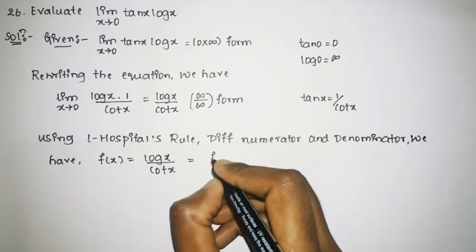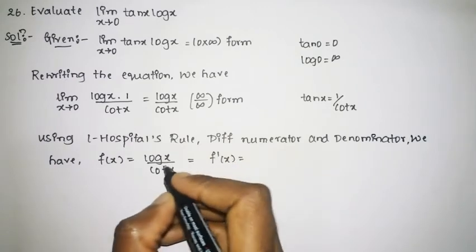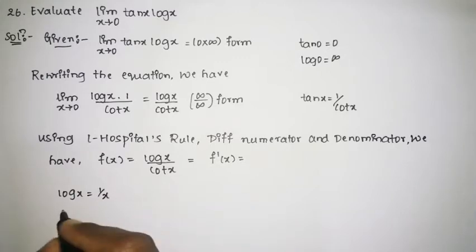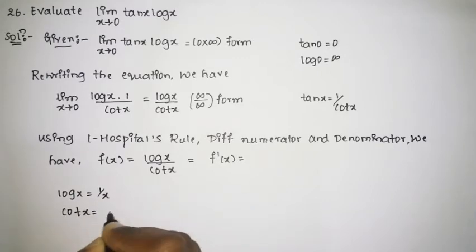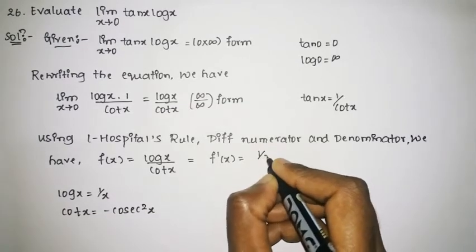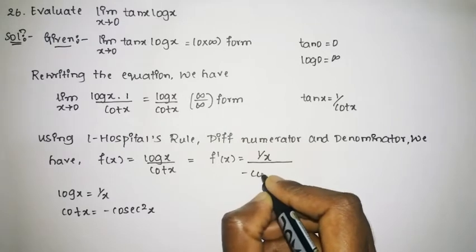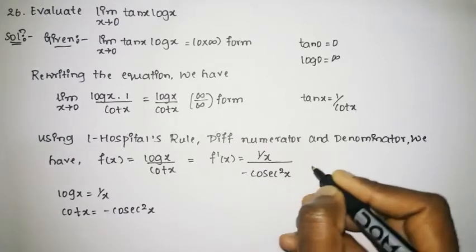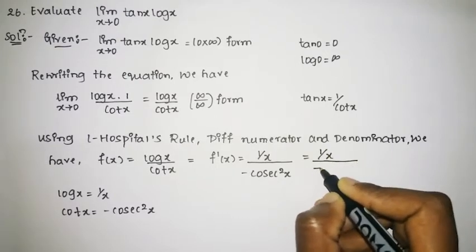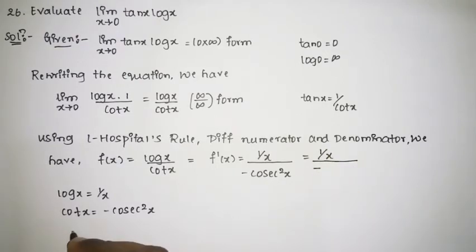So differentiation of f of x is f dash of x equal to, so differentiation of log x is nothing but 1 divided by x. Similarly differentiation of cot x is nothing but minus cosec square x. So therefore this will be 1 divided by x divided by minus cosec square x. So cosec square x can be represented as 1 divided by sin square x.